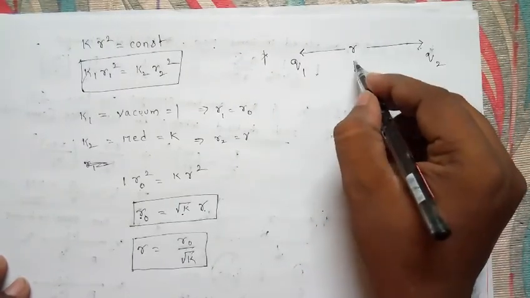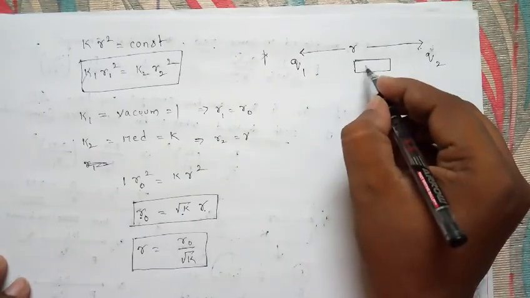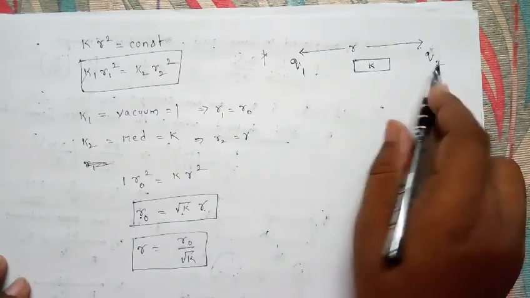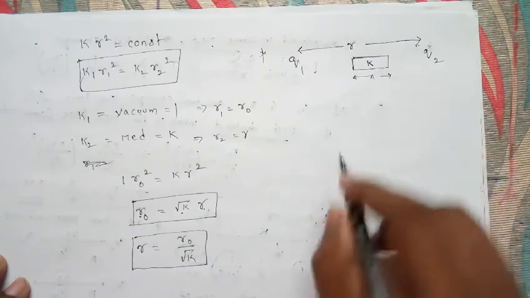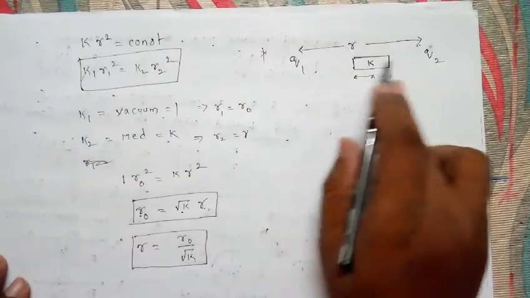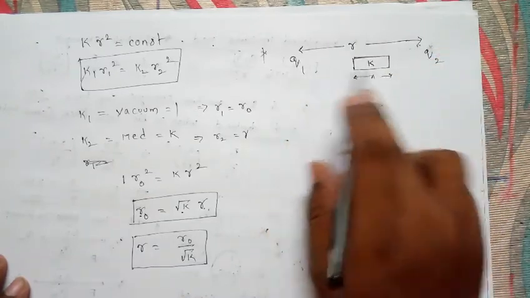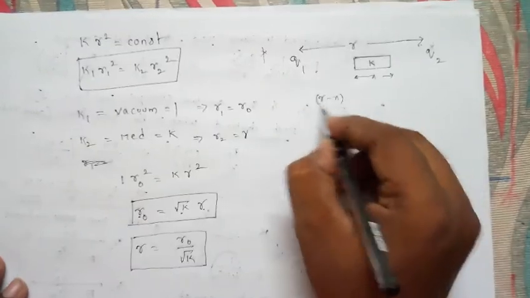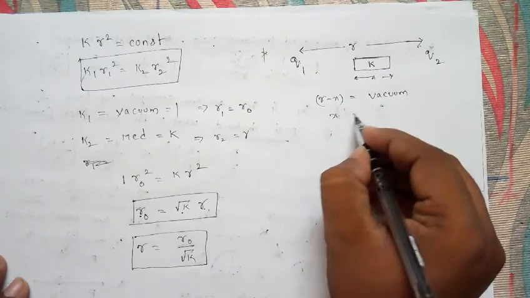Partially, a dielectric constant is present, not completely filling; only an x part has the dielectric medium. The remaining r minus x part is vacuum. So we are partially filling the dielectric medium: r minus x distance vacuum and x distance medium.